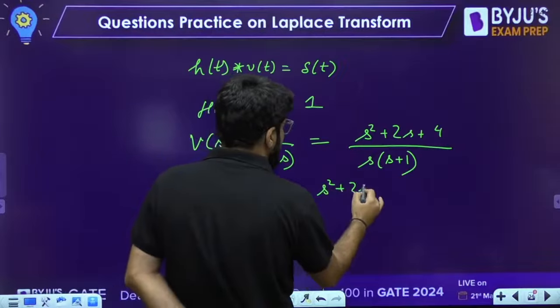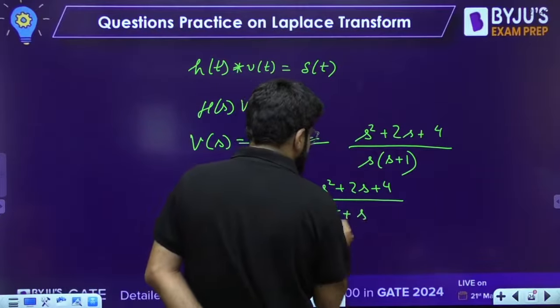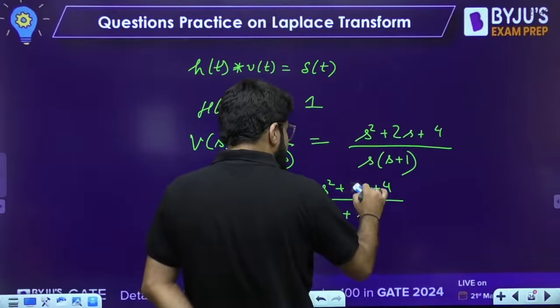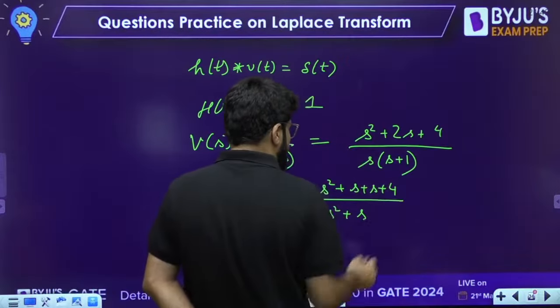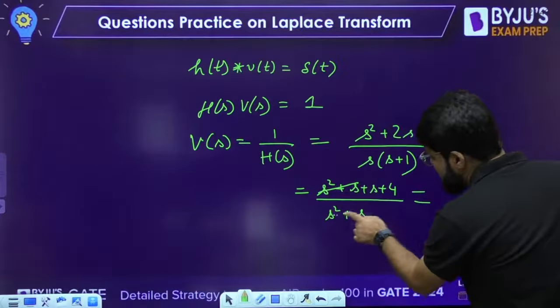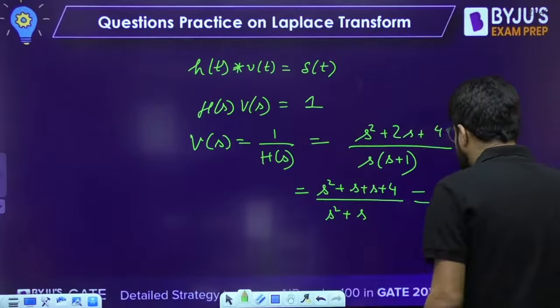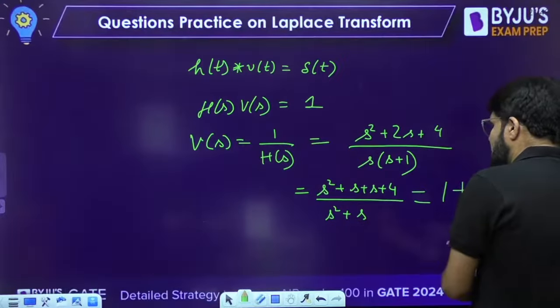S square plus 2s plus 4 divided by s square plus s. Let me write this 2s as s plus s, so some of the terms could get cancelled. S square plus s cancels, leaving 1 plus the remaining term, (s plus 4) upon (s square plus s).